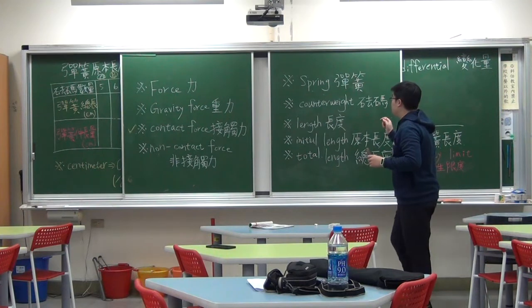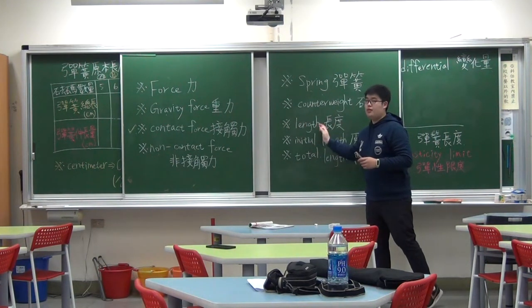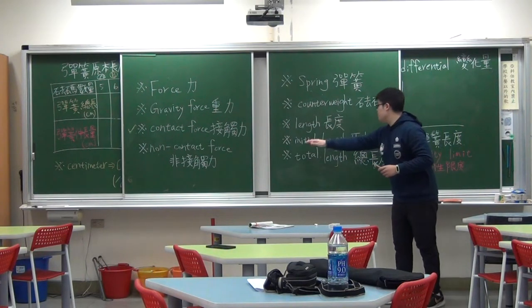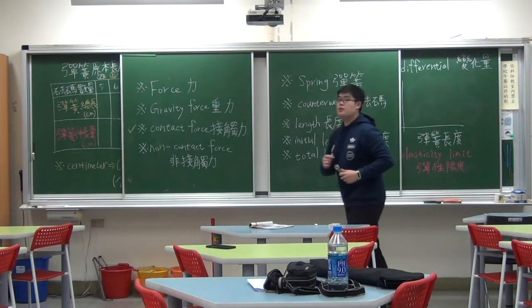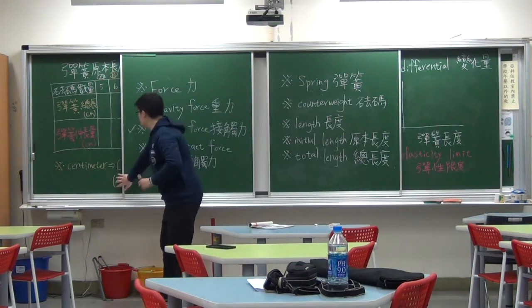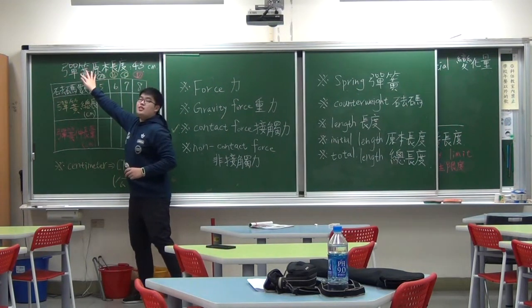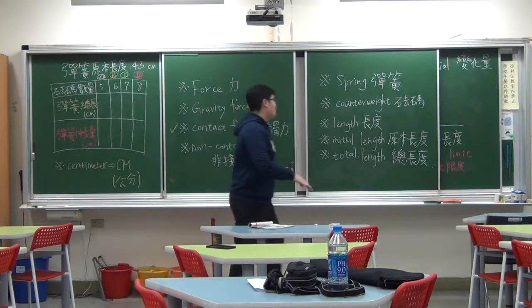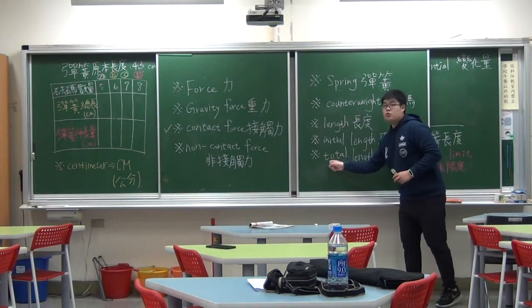But now we're going to use the spring to measure length. Repeat after me. Length. And we have to measure the initial length to confirm the initial length of the spring. And then we have to measure the total length.